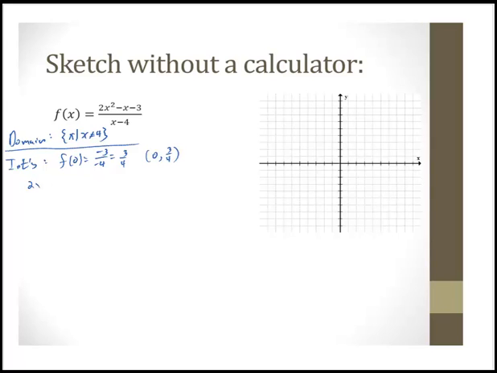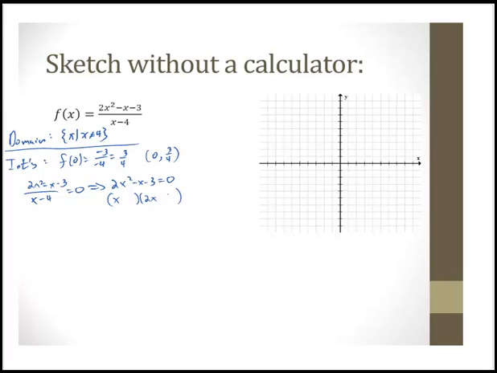Setting the function to 0, 2x squared minus x minus 3 over x minus 4 equals 0. That would imply the numerator, 2x squared minus x minus 3, equals 0. You could use the quadratic formula again like I did in the previous exercise, but I think this factors. Let's see, we'd have an x and a 2x.